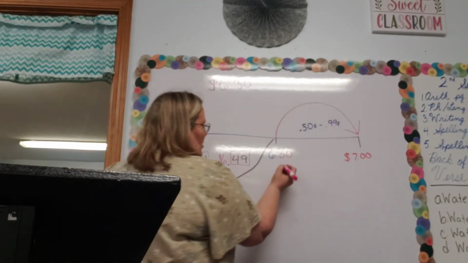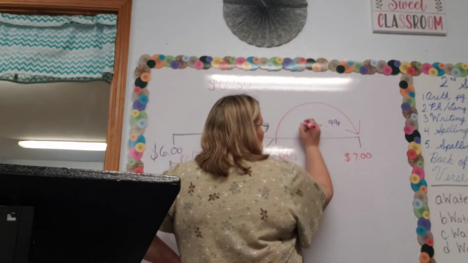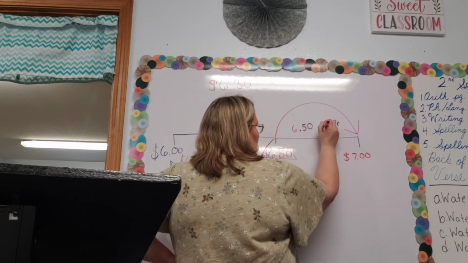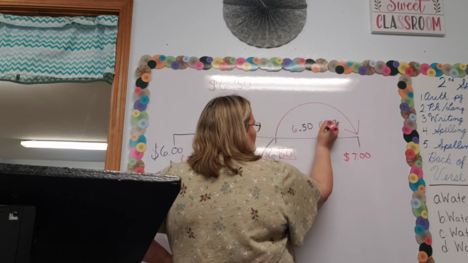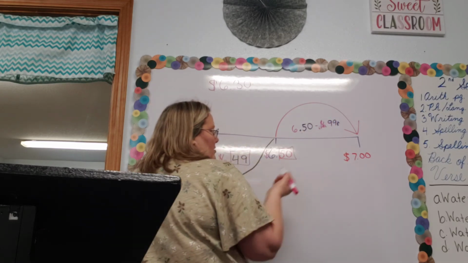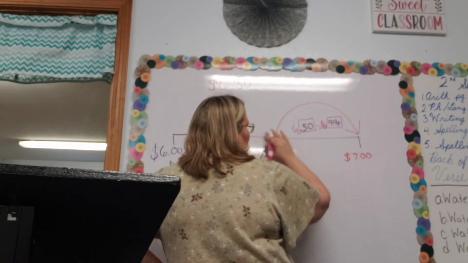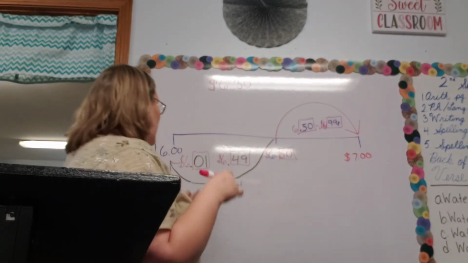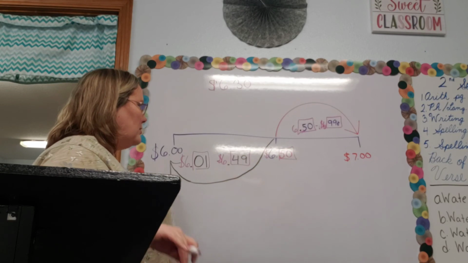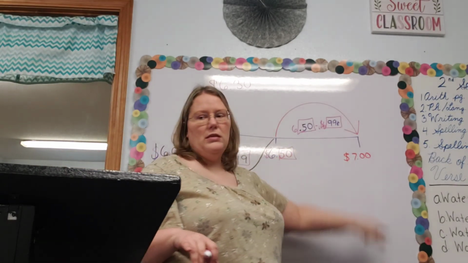But if I have $6.50 to 99 cents, I'm going to round up to the next dollar. So if I have 1 cent to 49 cents, I'm going to round down. But if I have 50 cents to 99 cents, I'm going to round to the next dollar.